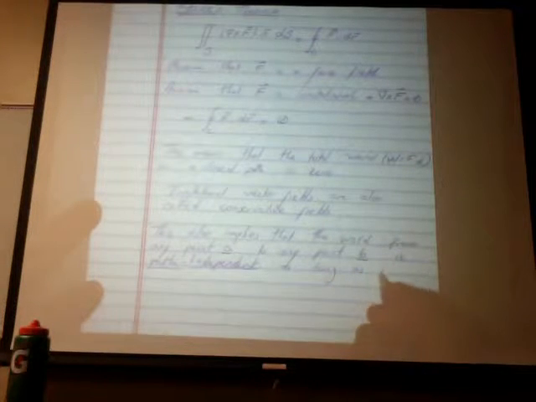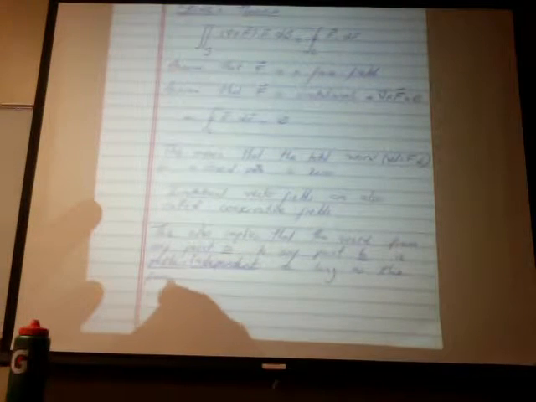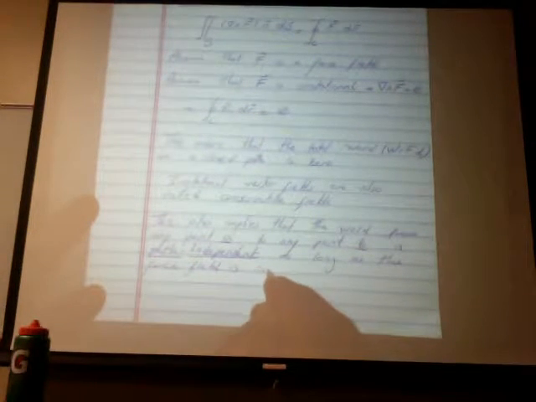As long as the force field is conservative, which is another word again for irrotational.